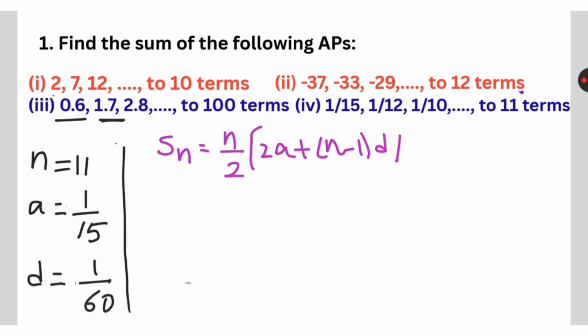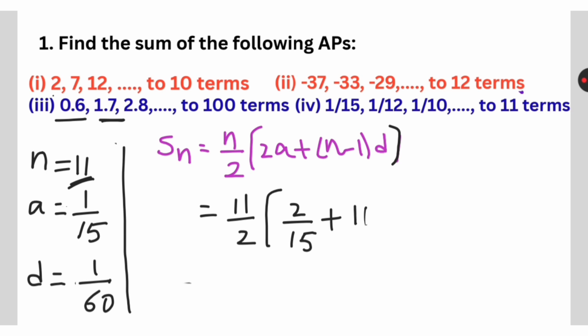Let's substitute all these in Sn. So what is n, which is 11. So 11 by 2 times 2 times a, where 1 over 15 is nothing but... just directly write 2 over 15 plus n minus 1, that is 11 minus 1, that is 10, times d, 1 over 60. Here the 0s get cancelled, so we are left with 1 over 6.